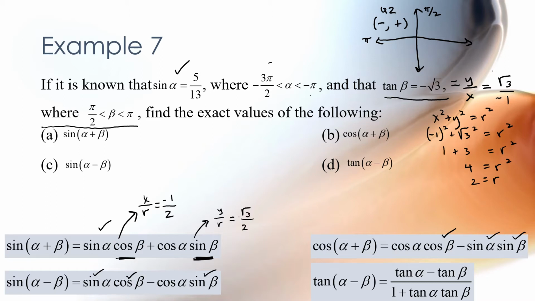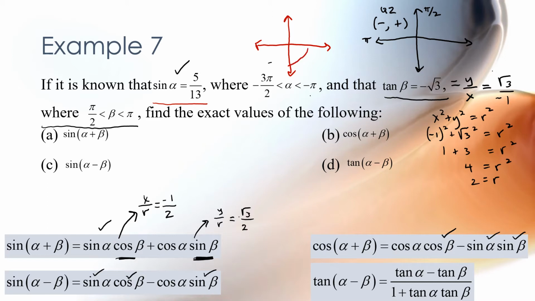So let's direct our attention back over to this sine of alpha. We are given the sine of alpha, but we are not given the cosine of alpha. What we are told, though, is what quadrant we're in. So let me draw another circle here. Alpha is between negative 3 pi over 2 and negative pi.